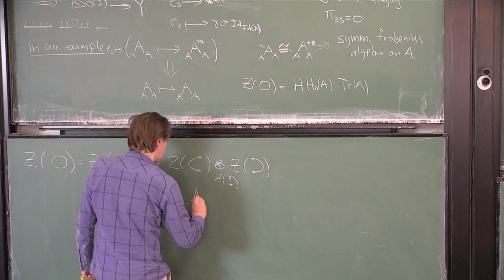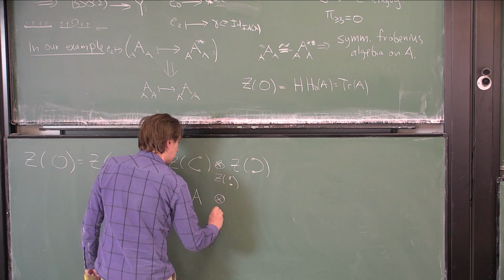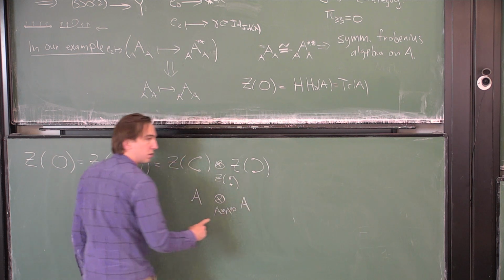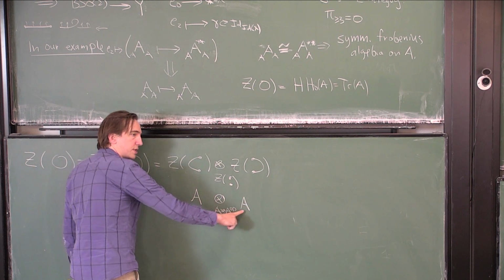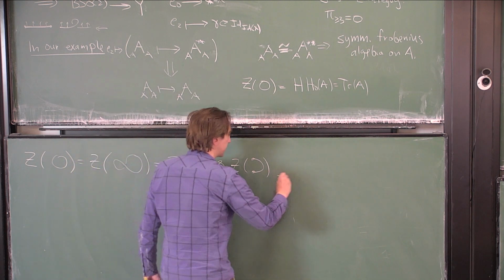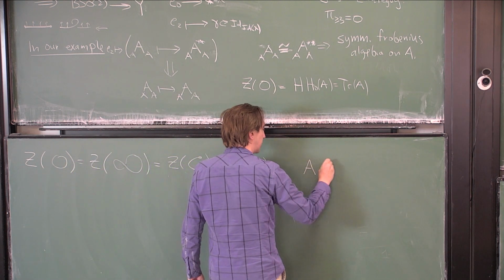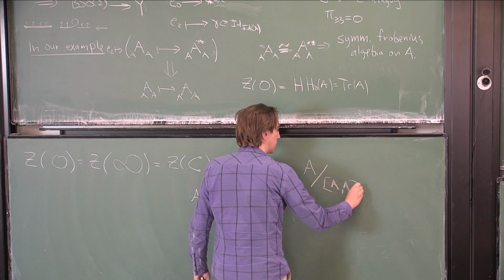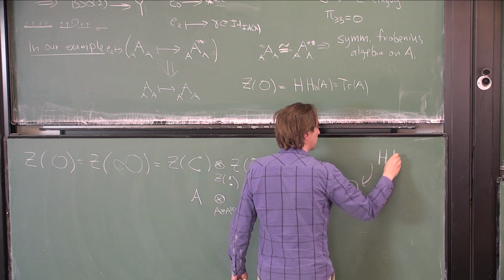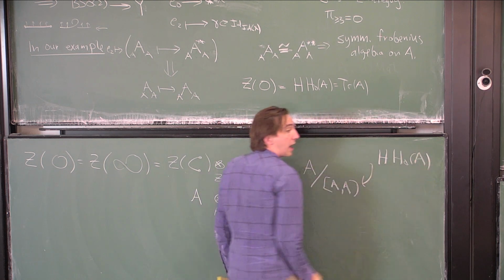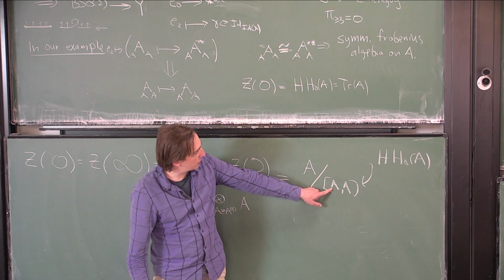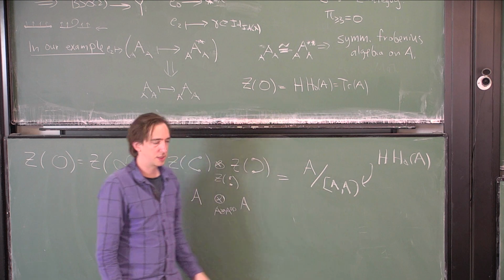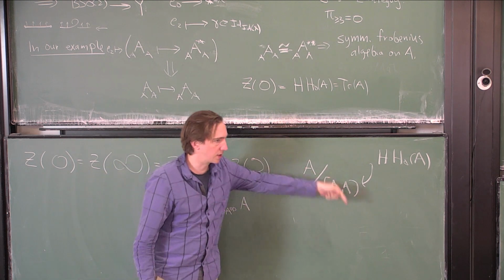So this is A. This is A tensor A op. And this is A. So this is A tensor with itself over A tensor A op. This is the same as the linear quotient of A by its commutators. And this is what I was calling HH0. I.e., this is the universal source for traces. Mapping out of this is the same as giving a trace on A.